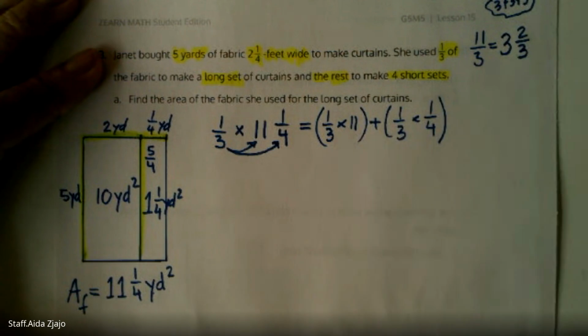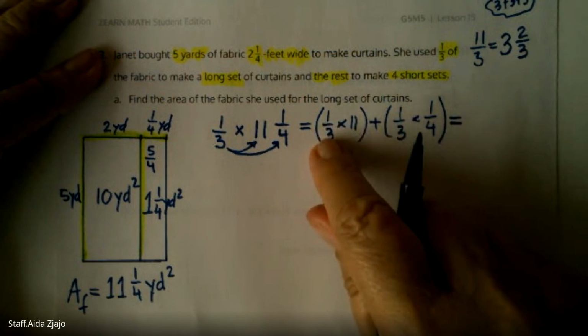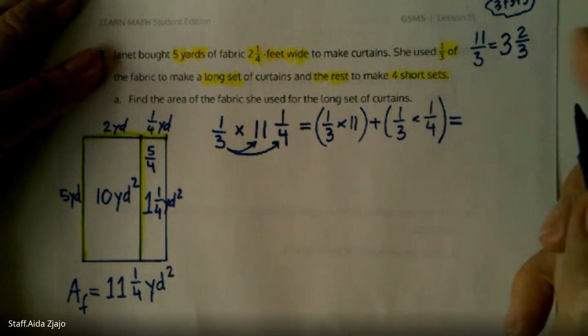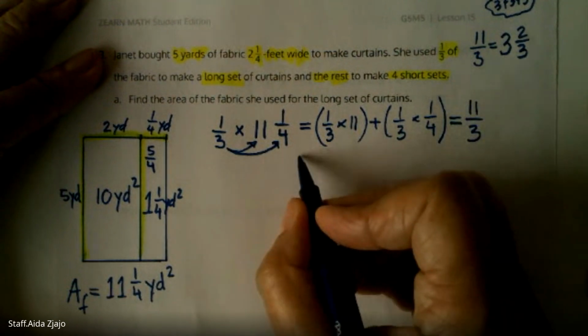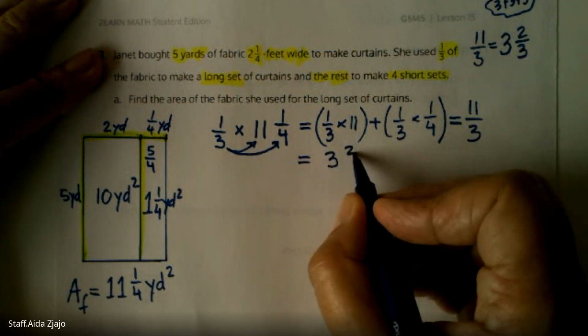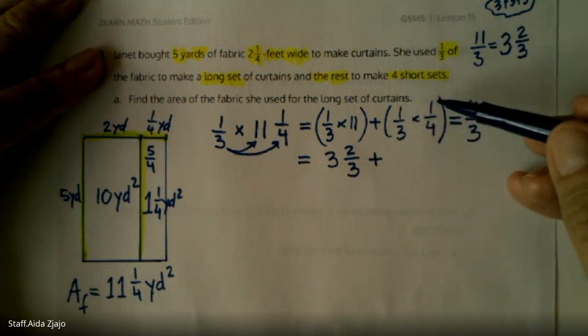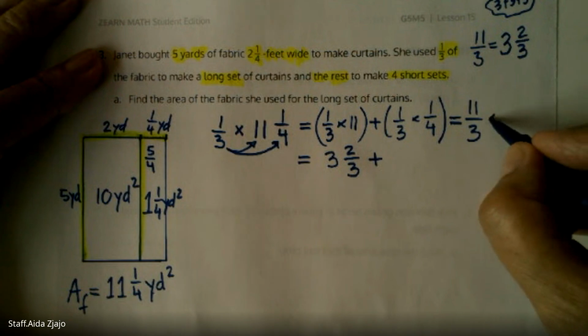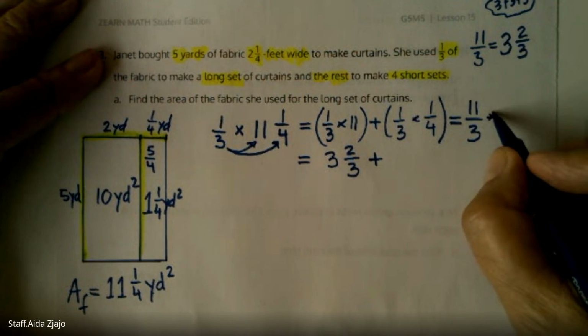So 11/3 is equal to 3 wholes and 2/3, plus this one.